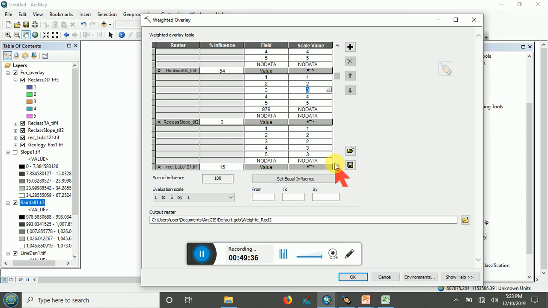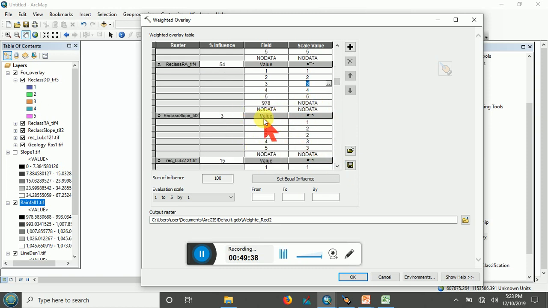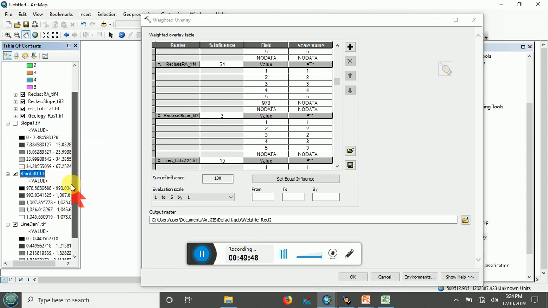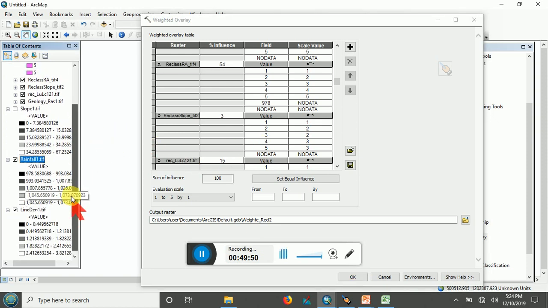Go to the slope. Now slope has a reverse influence, the higher the slope, the lower the potential. So I can give here 1, because this 5 means high slope value, because you can see your slope thematic layer here. The last 5 indicates this range from 34.28 degrees to 67.25, which has less importance. So please in the slope write here 1.